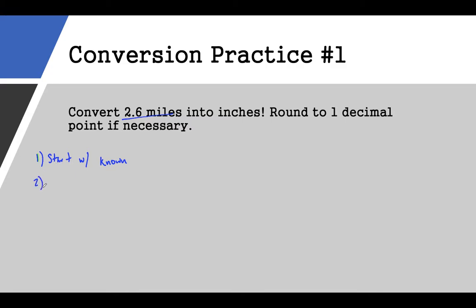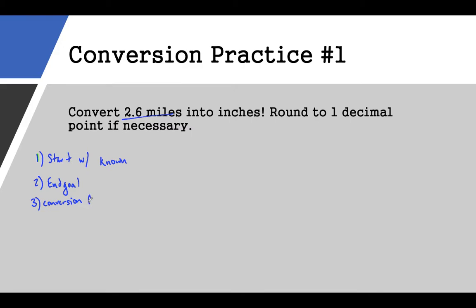The second step is to write your end goal. So you want to make sure that you have an end goal in mind. Here, my starting point is miles, my end goal is to get that unit into inches. The third step is to determine a conversion factor.